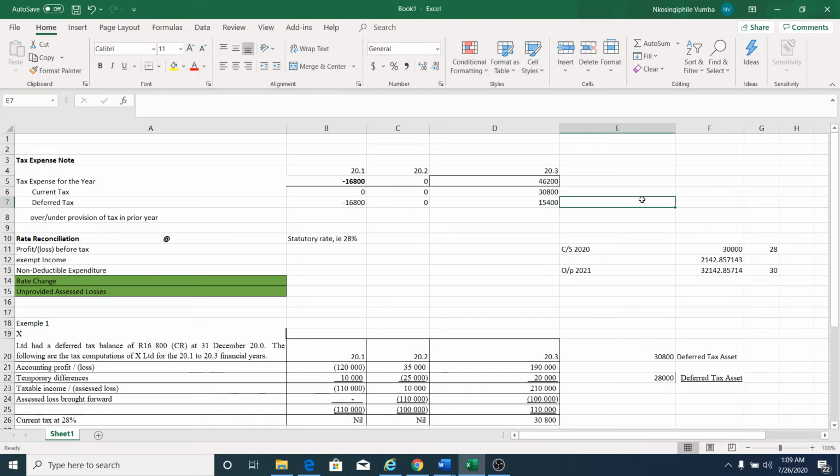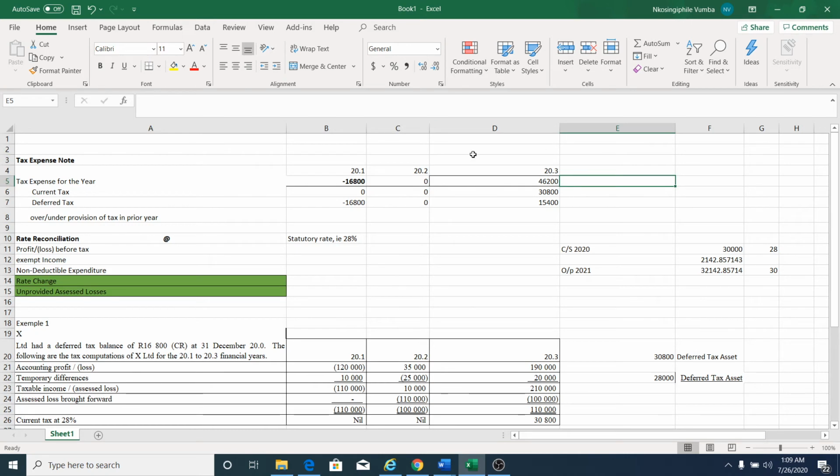So now let's talk about your income statement. In your income statement, your tax expense for 20.1 is going to be a tax income of 16.8. For 20.2, you don't have a tax expense line item. For 20.3, you have a tax expense of 46,800.